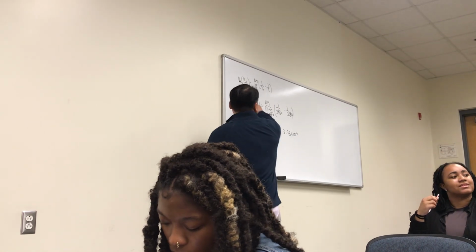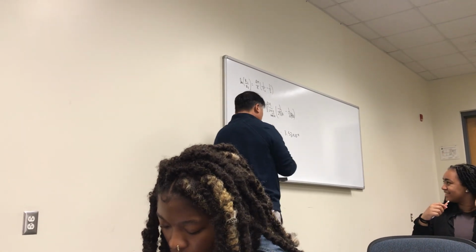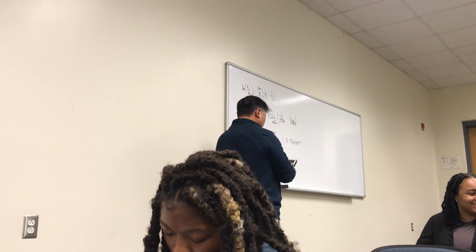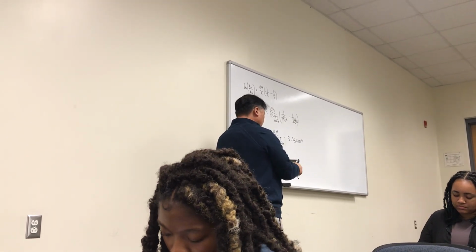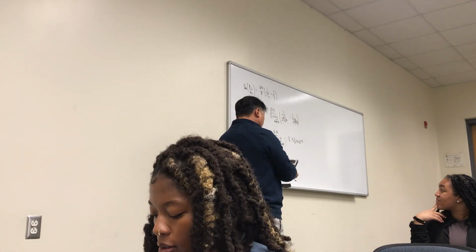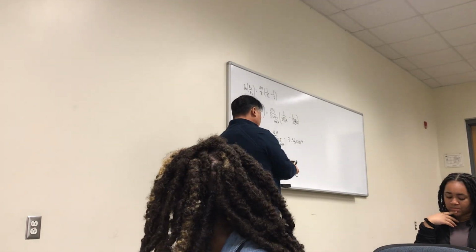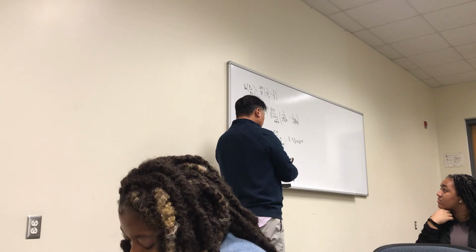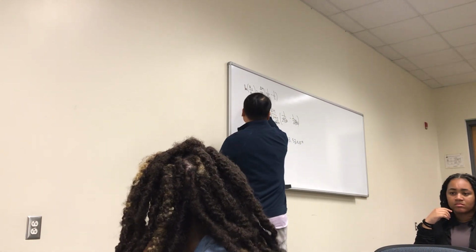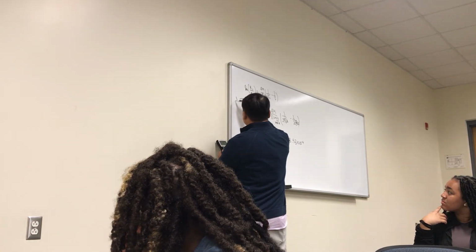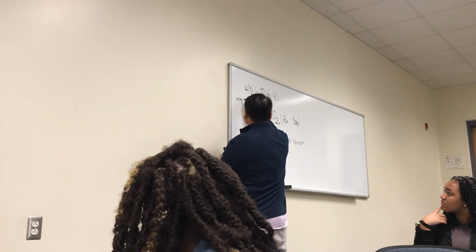Alright, so I'm gonna take this: 1.03 e to the negative 2 divided by 7.03 e to the negative 2. I got 0.145, so this value here is 1.465.